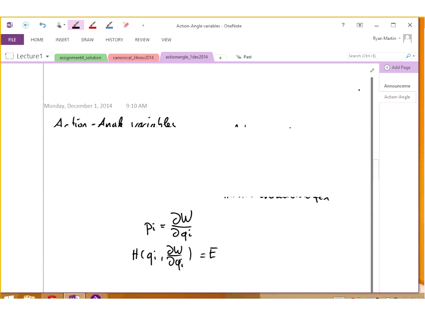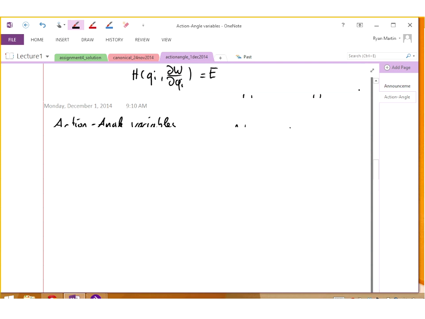So what we're essentially saying is that the system is separable in the different coordinates. So that means the motion in the different coordinates is independent of each other.